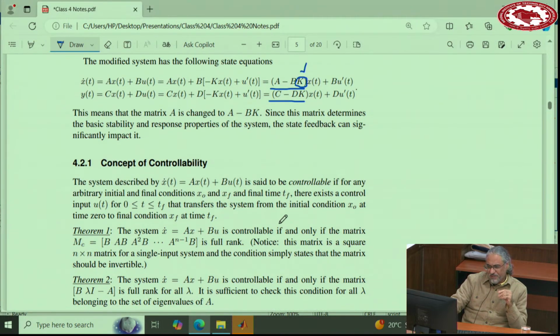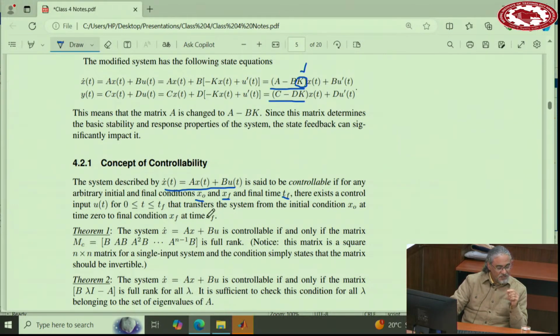First of all, the definition of controllability, we say this system is controllable if for any arbitrary initial and final conditions x0 and xf and final time tf, there exists a control input u of t for all t between 0 and tf that transfers the system state from x0 to xf for any arbitrary x0, xf and tf.